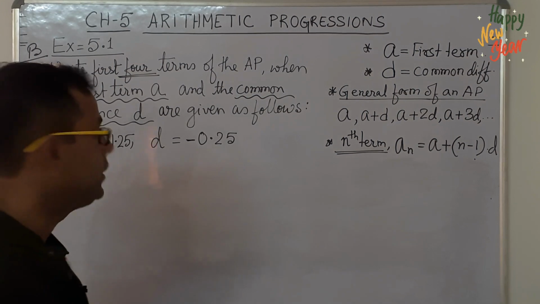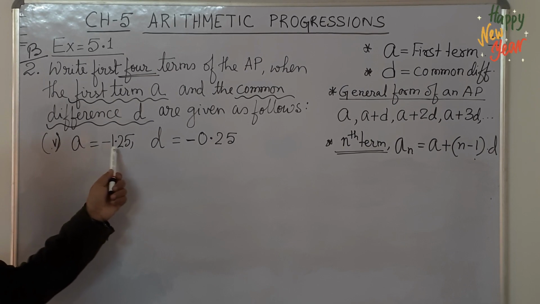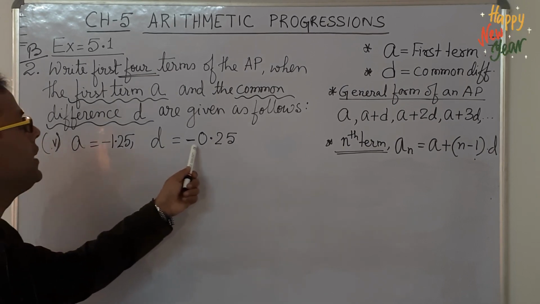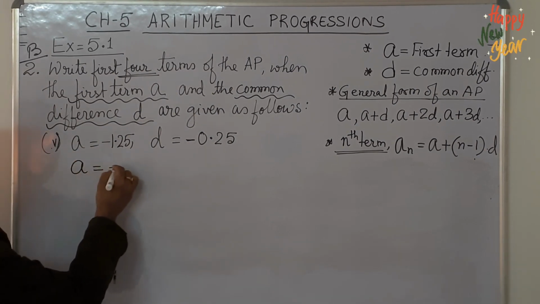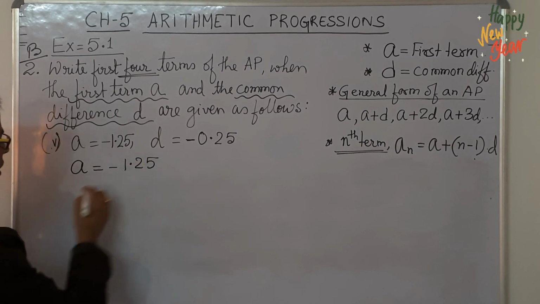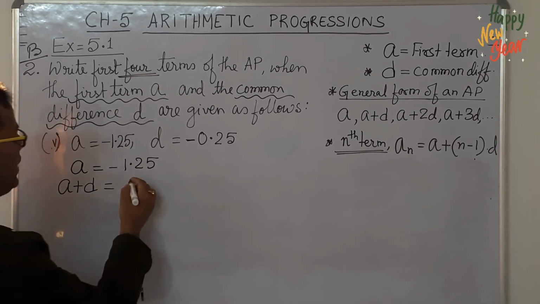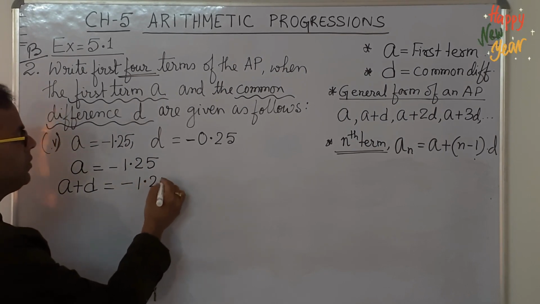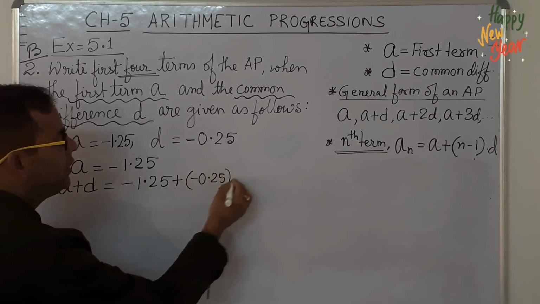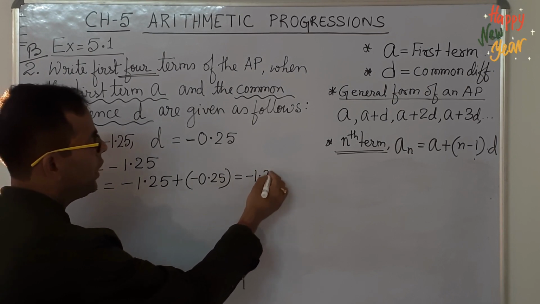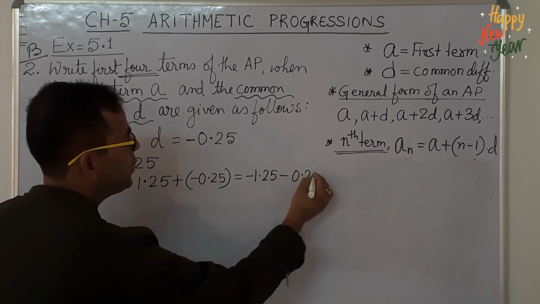Okay. Now we will come to the fifth one. Roman 5. A value is what? Minus 1.25 and D is what? Minus 0.25. So the first one will be A, minus 1.25 given only. Second one will be A plus D. So A is minus 1.25 plus, and we will write here 0.25. Now minus 1.25 plus minus, if I open, minus 0.25.